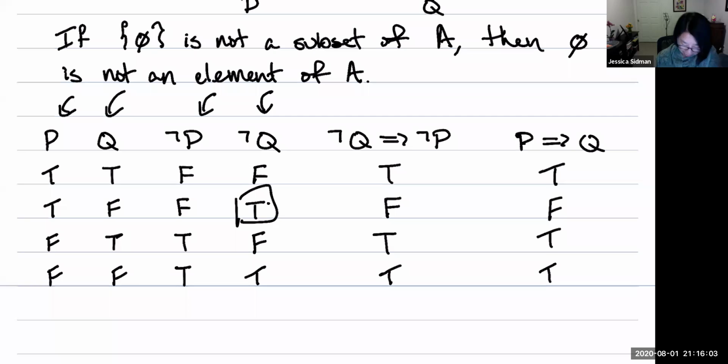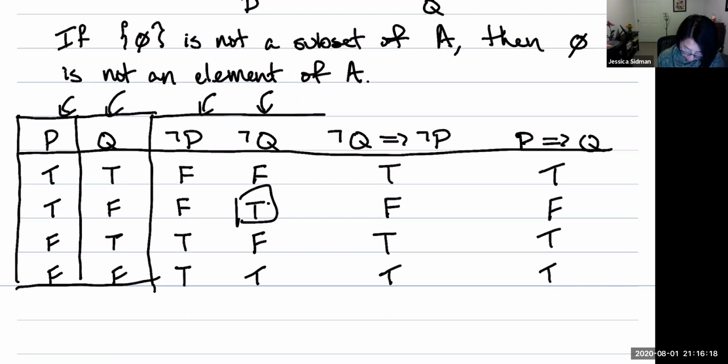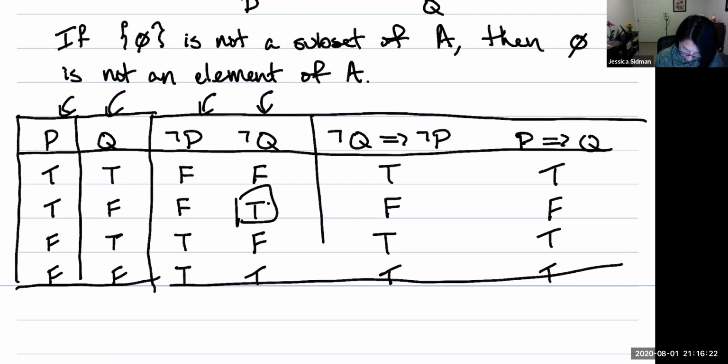And so what I can see here is that when I look at the truth values for P and Q, and then I look at the truth values for not Q implies not P, and P implies Q, these two columns, I'm going to try to highlight them.